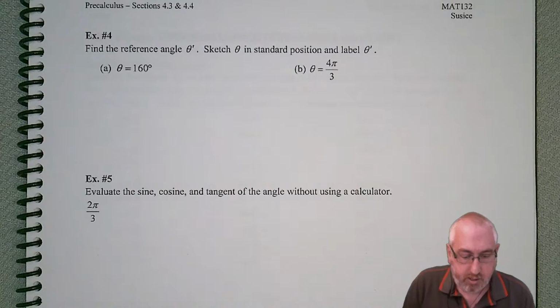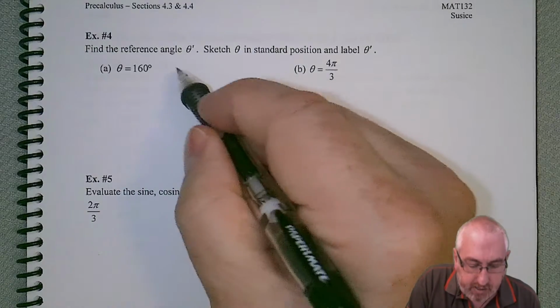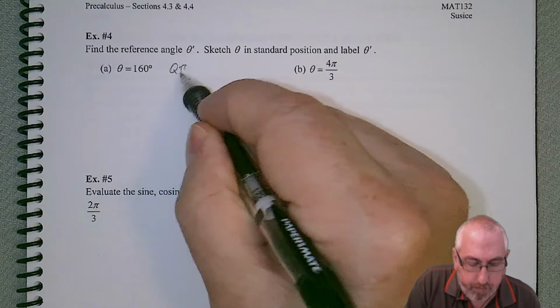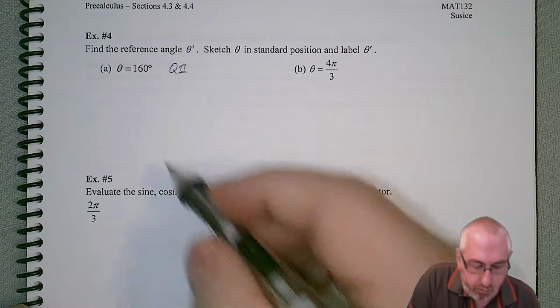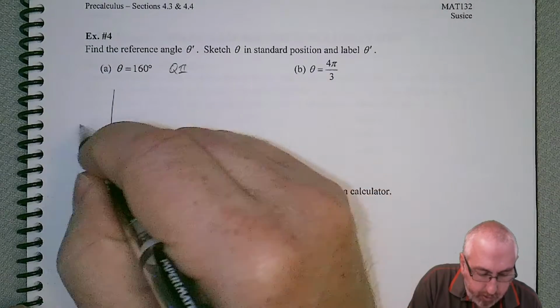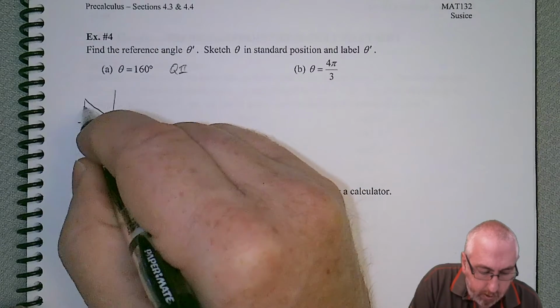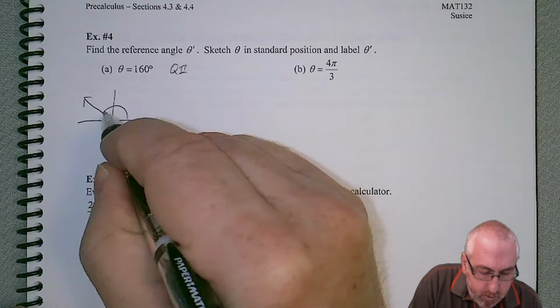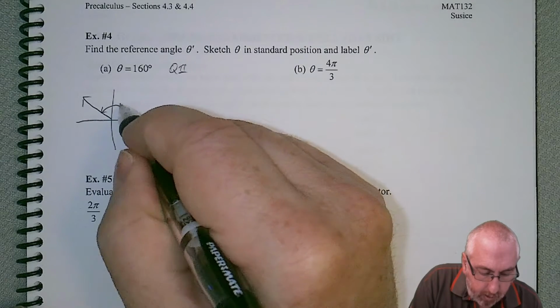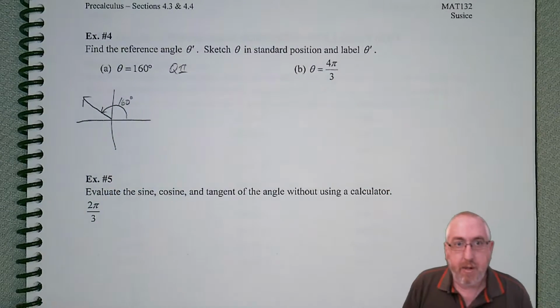That's the first question. Hopefully we can recognize that this should be in quadrant 2. So if this is in quadrant 2, we can do our sketch pretty quick. We're going to end somewhere in quadrant 2. So there's our 160 degrees.